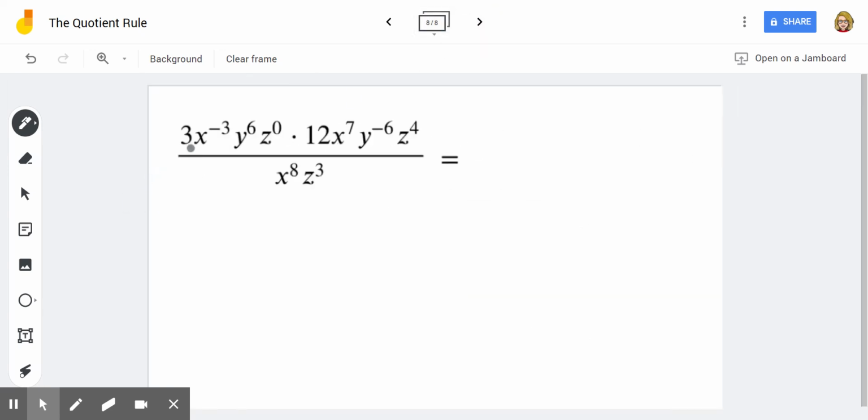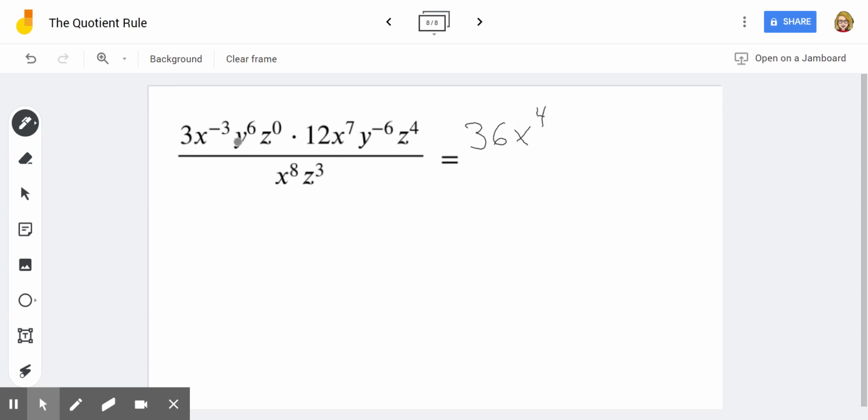Okay, let's look at this example. So we're first going to multiply, use the product rule, so multiply your coefficients, so that's 36. Okay, our x's, so 7 plus negative 3, that would be x to the 4th.